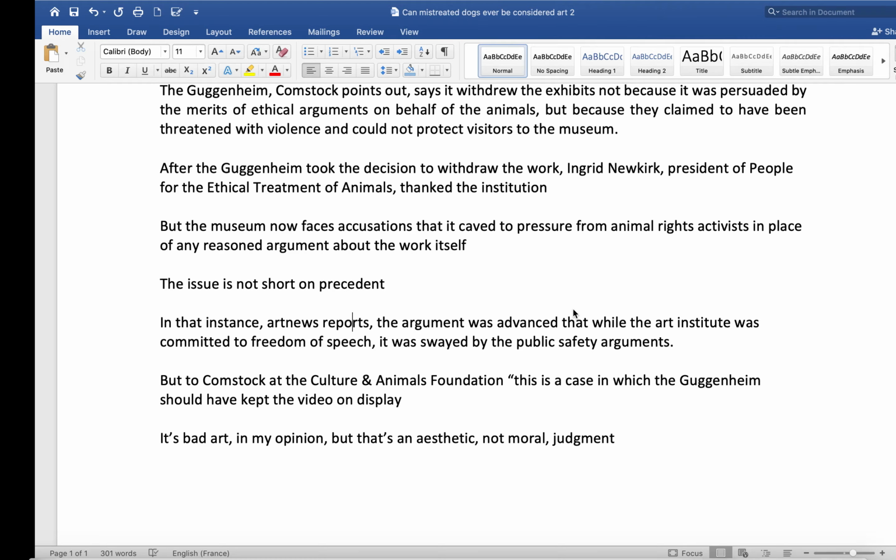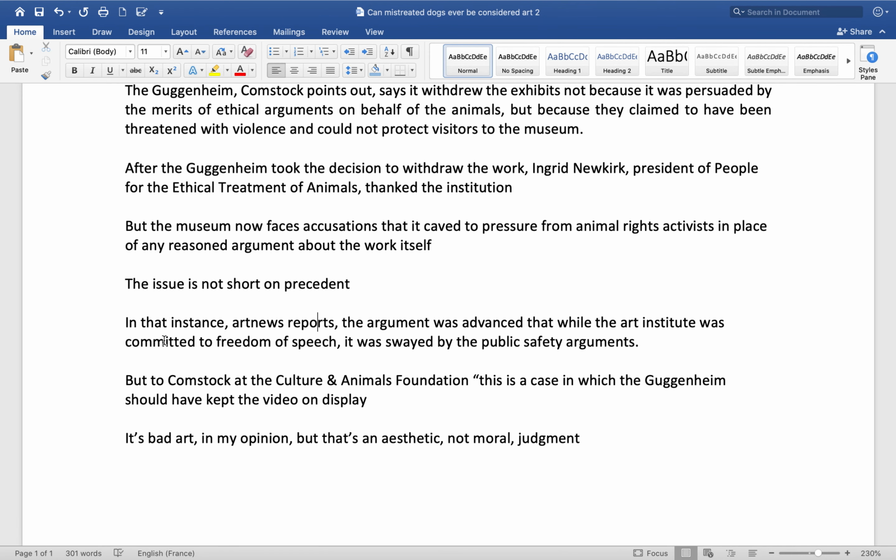So I'm back to my document here. Next paragraph. In that instance, which means that example, it probably refers to the previous example that will be detailed when you read the text a second time or go back for the details. So Art News reports, the argument was advanced that while the Art Institute was committed to freedom of speech, it was swayed by the public safety argument.